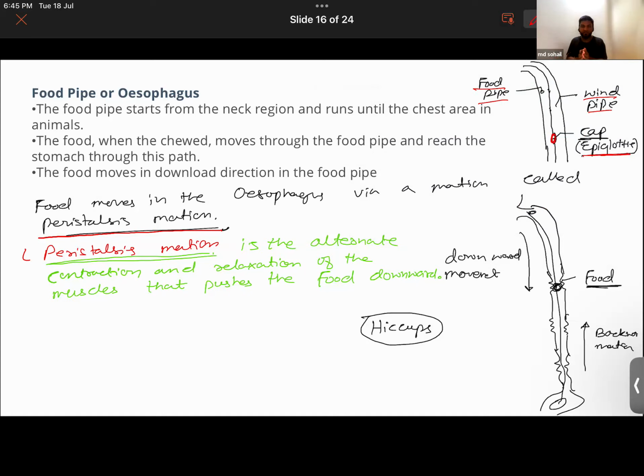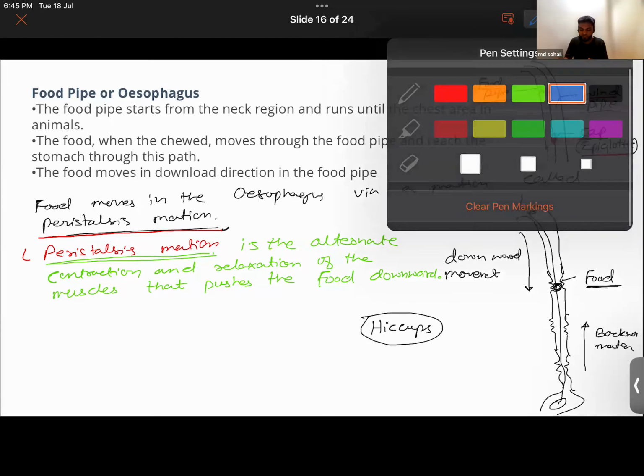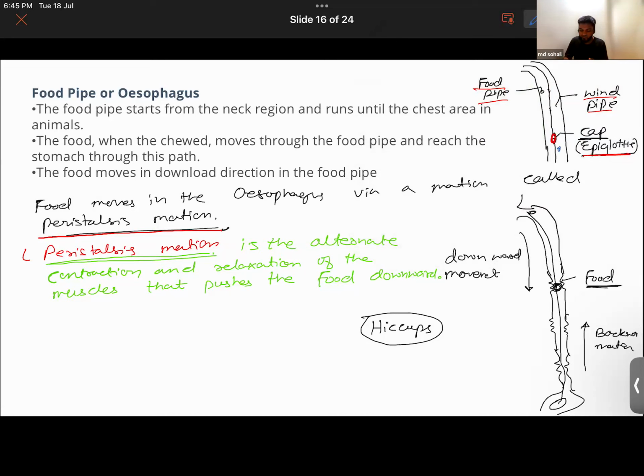Accidentally, sometimes while you are eating, this cap remains open and the food particles come into the windpipe, so you experience hiccups. Hiccups help to transfer this food particle from the windpipe back into the food pipe. All right, guys, that is called hiccup.